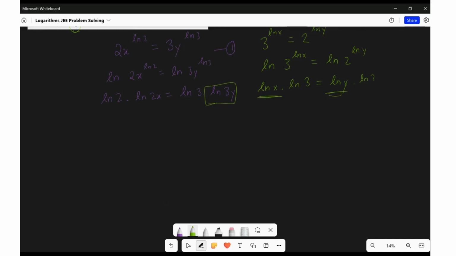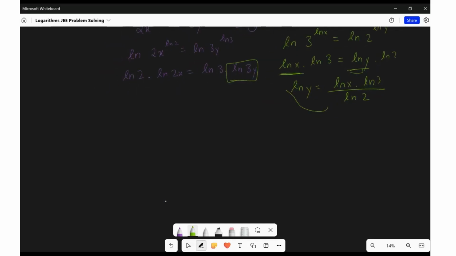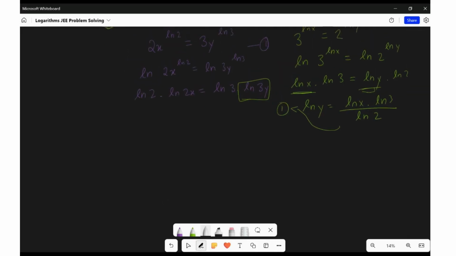That would also be okay, but both are possible. Let's go with ln y. So ln y is ln x into ln 3 by ln 2. Now we'll put this value in the first equation. So ln 2 into ln 2 plus ln x, let's break this down, is equal to ln 3 into ln 3 plus ln y.